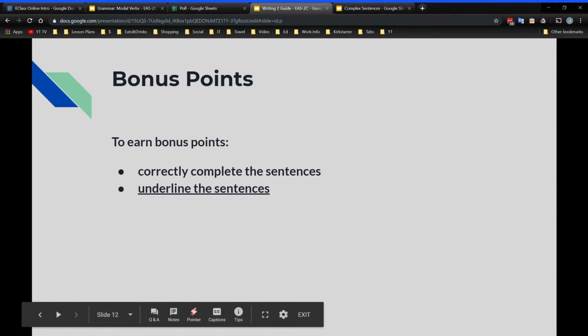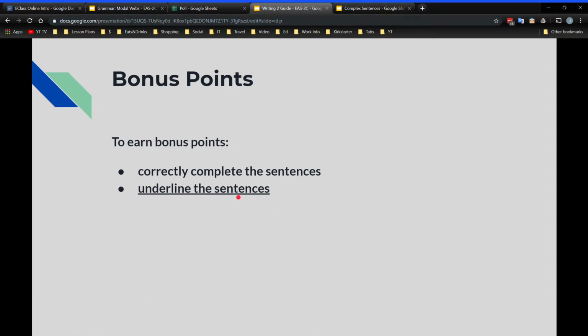Next, bonus points. I don't have the bonus points here because I might have changed them on the paper. You can also get the writing guide check sheet or checklist on eClass, and that will have the bonus points. Just remember that to get the bonus points, you need to correctly complete the sentences.